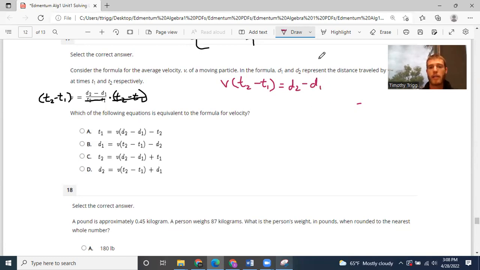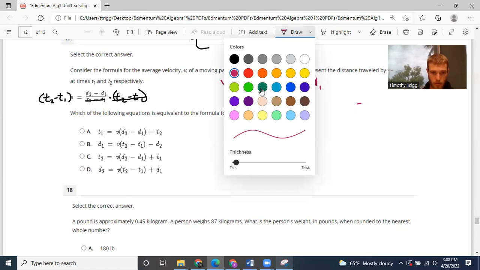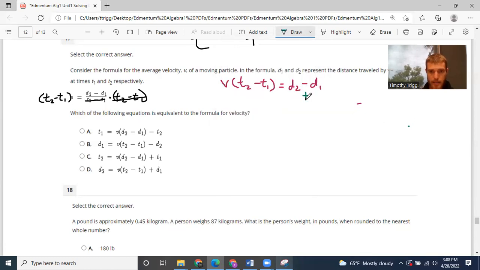Okay. Luckily, they were nice to us. We're going to add d sub 1 to both sides. That gives us v times t sub 2 minus t sub 1 plus d sub 1 equals d sub 2.